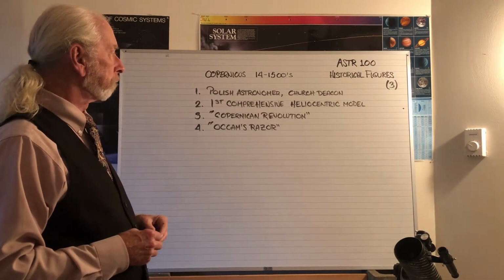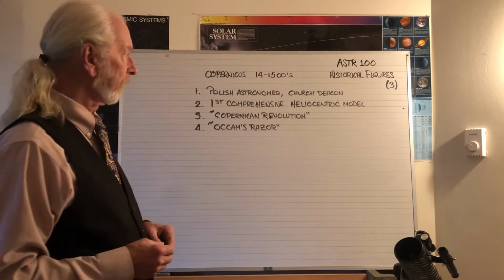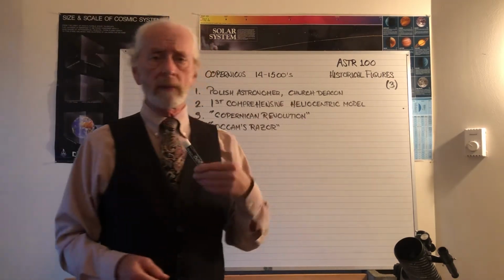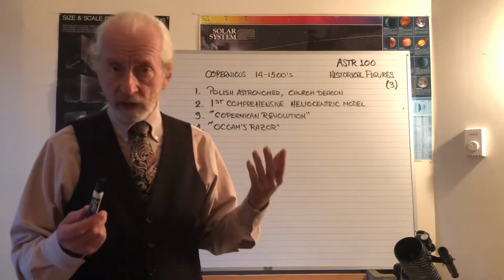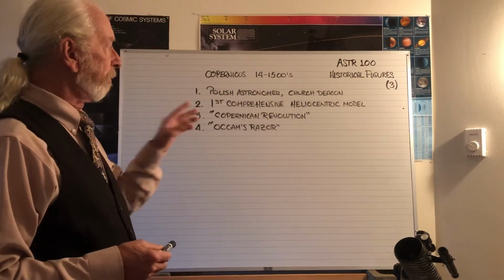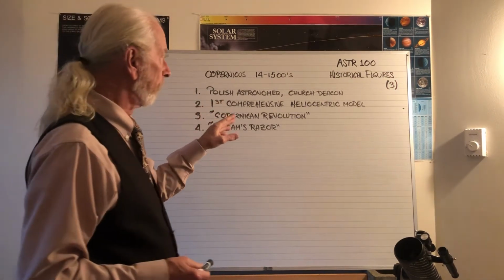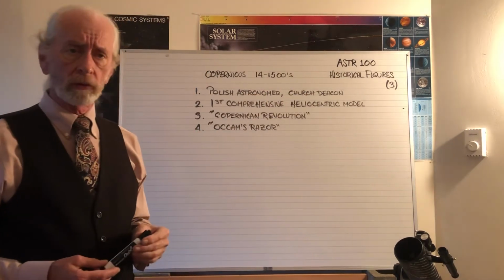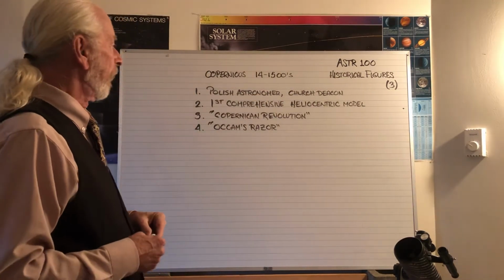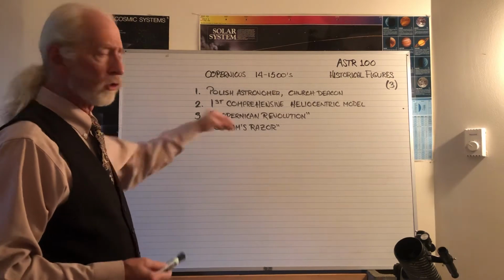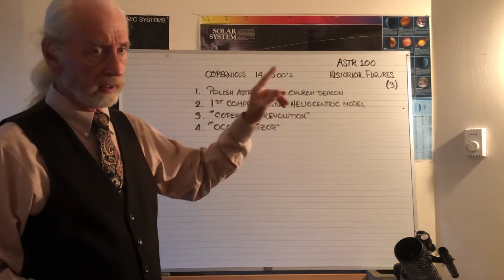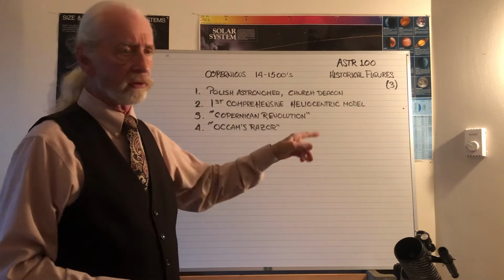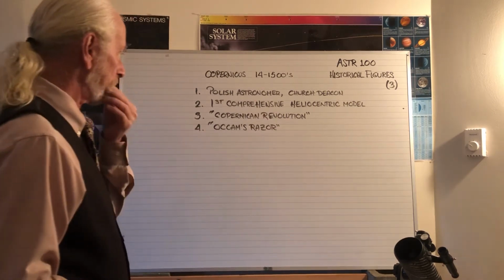A man of many talents. He was a church deacon. Some accounts have him as a priest. But the important part is that he was in some fashion or another a church official. That's the important piece. He comes up with the first comprehensive, and there's that word again, heliocentric or sun-centered model.